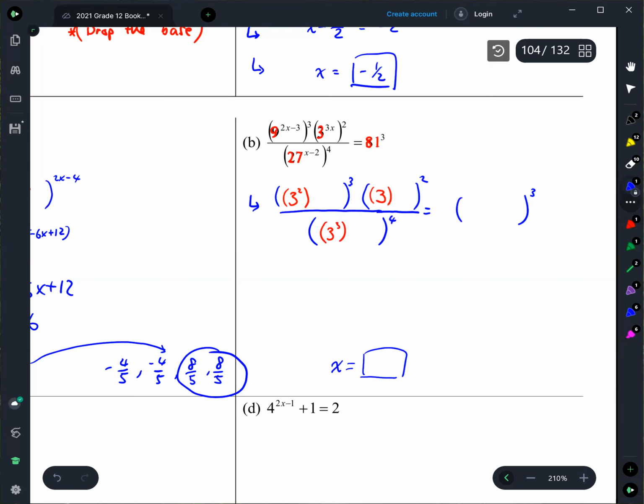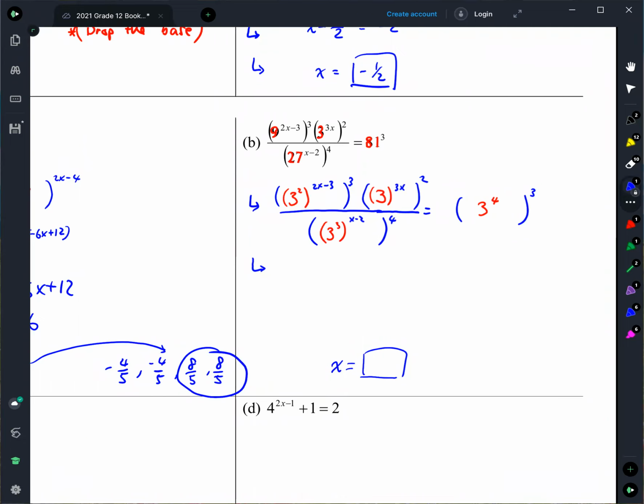And then you still have the exponents. 81, from our last question, we know it's 3 to the 4th. Okay, we still have a lot of bases on the left side, so we cannot drop the base yet.